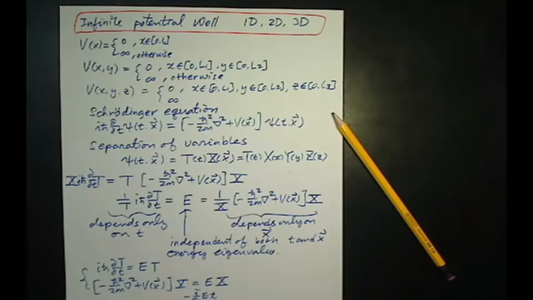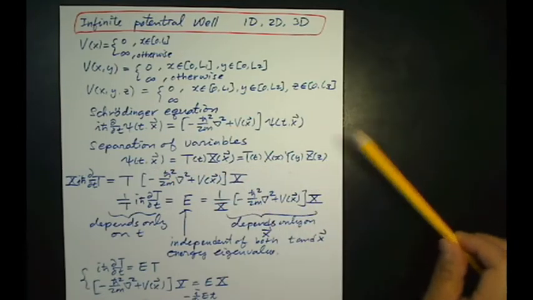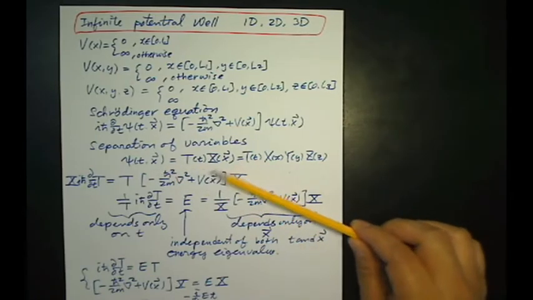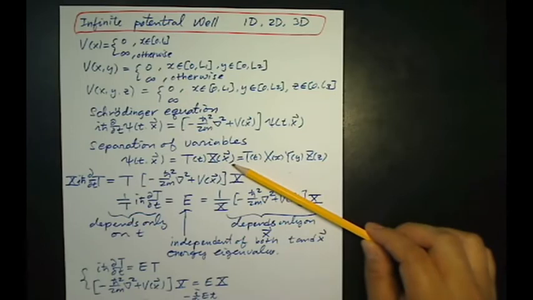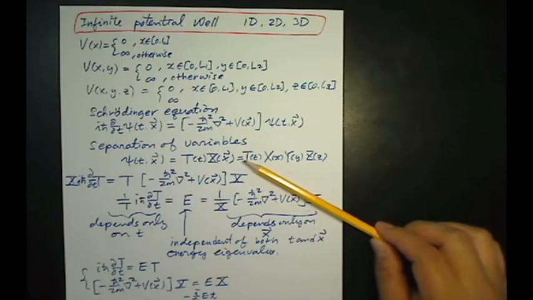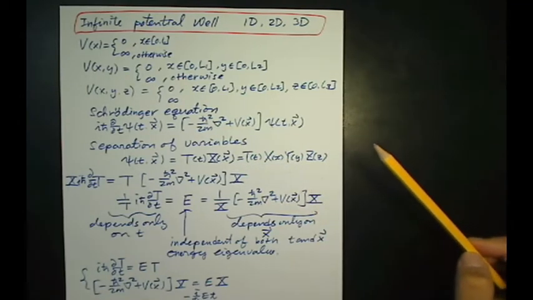Separation of variables can be applied to find the solution. We express the wave function as a product of time-dependent and spatial-dependent contributions. And x is again factored into x, y, z components separately as a completely factorized form.